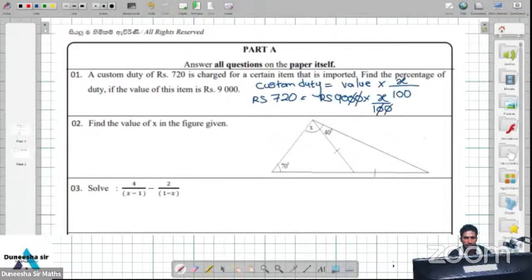The answer, did you get? Tarul? Answer, how much is the percentage of the duty?